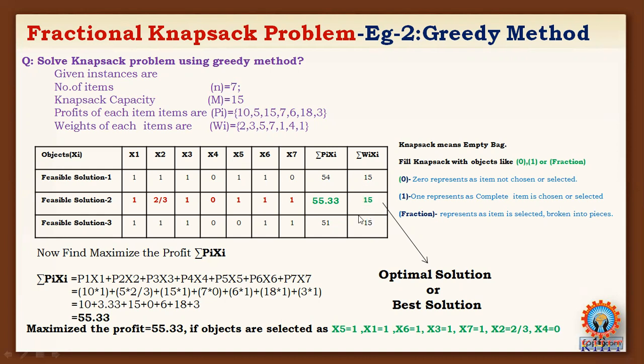Now here we always need to compute the maximum profit. So the maximum profit we get is in the second feasible solution, 55.3, once we select the items placed in the knapsack in this order. So in this way we can solve the problem.